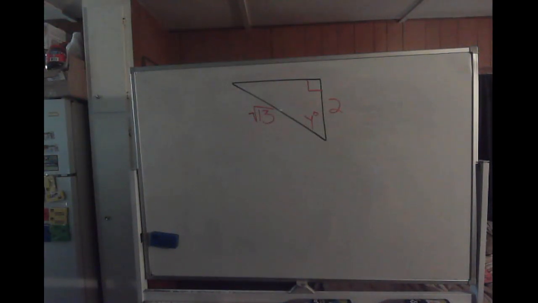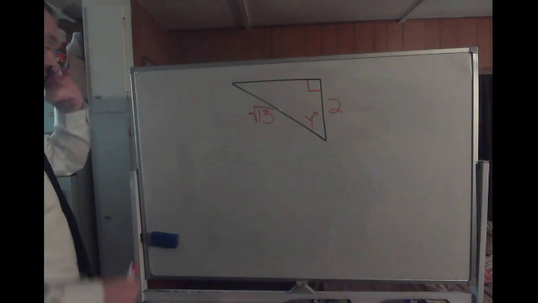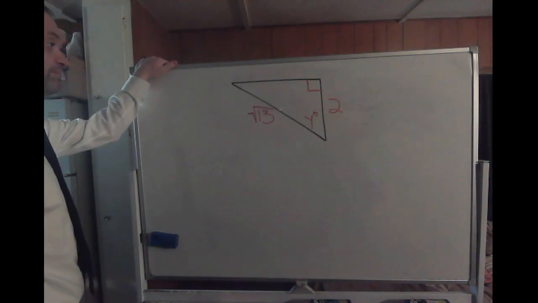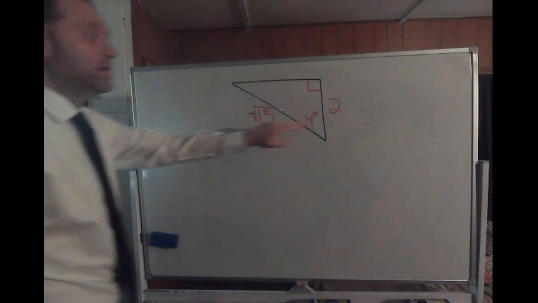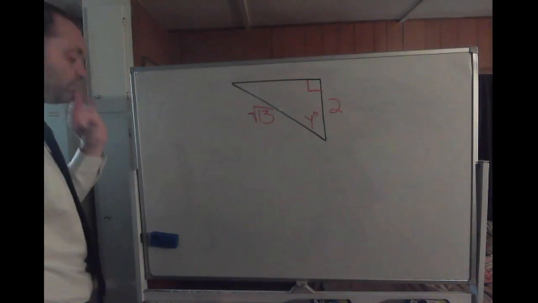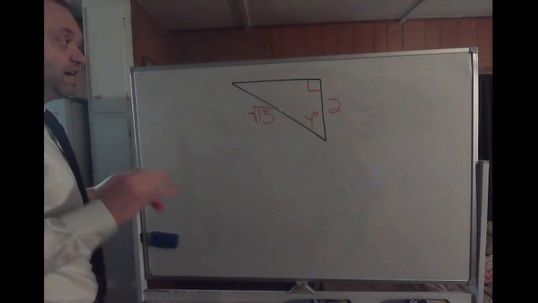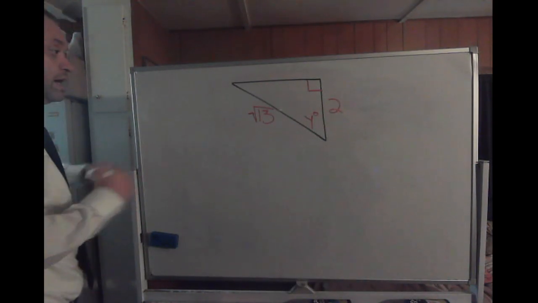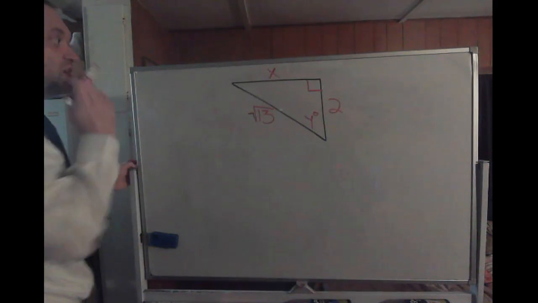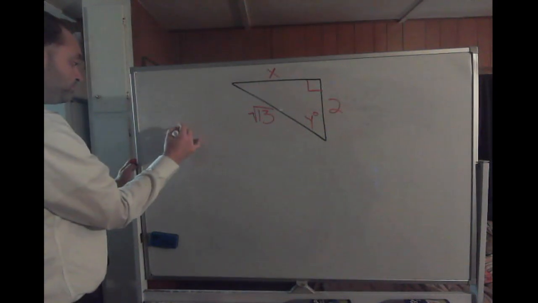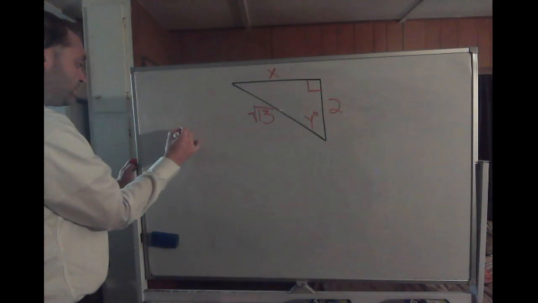Well, they really threw the book at us for this one here because we have a missing leg. We know the length of the hypotenuse and one of the legs. Well, the tangent ratio does not involve the hypotenuse. So I'm going to call this missing leg length x. We're going to temporarily solve for x.